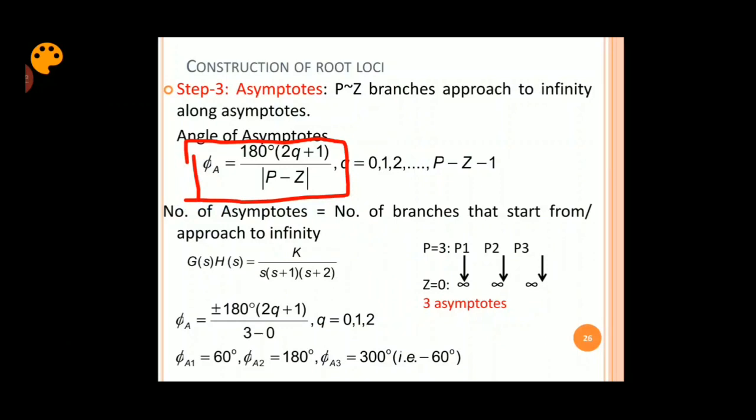That means it doesn't matter where your poles or zeros are, the angle of asymptotes is dependent only on p minus z, which is nothing but the number of asymptotes. This will help us understand something more, which is there in the next slide.